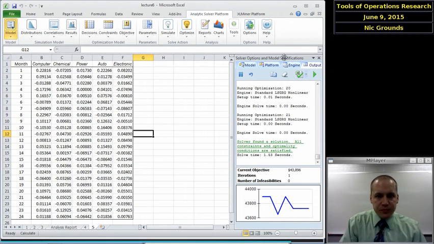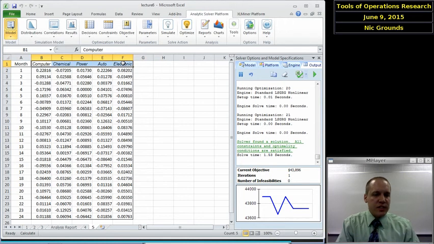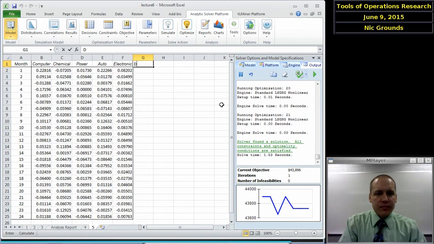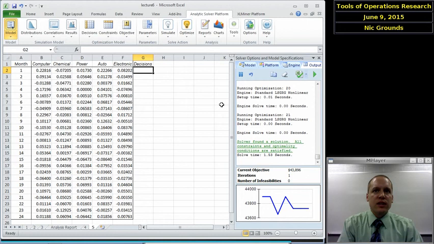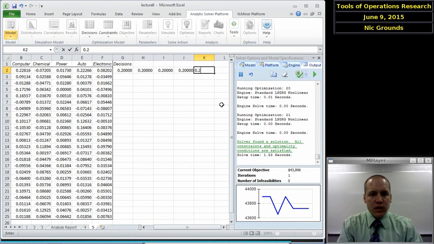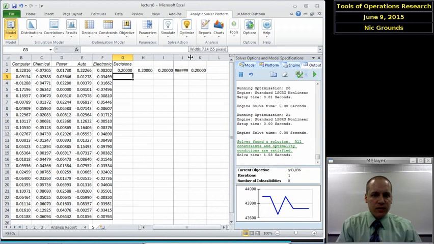All right. So here we have 24 months of data for 5 different investments. They have names in terms of what they're investing in. What we're interested in, our decisions we're going to make, are the proportion, how much we're going to invest in each one. Let's just assume, to start with, we'll invest equally, 20% in each one.